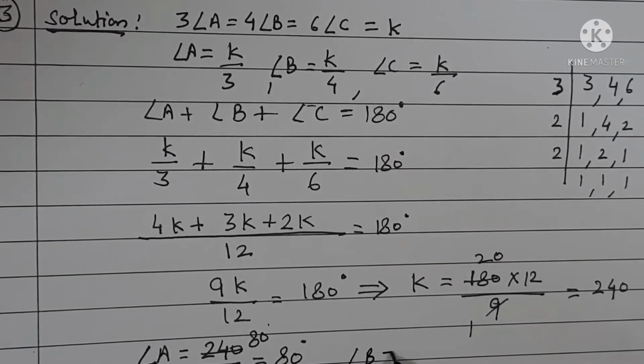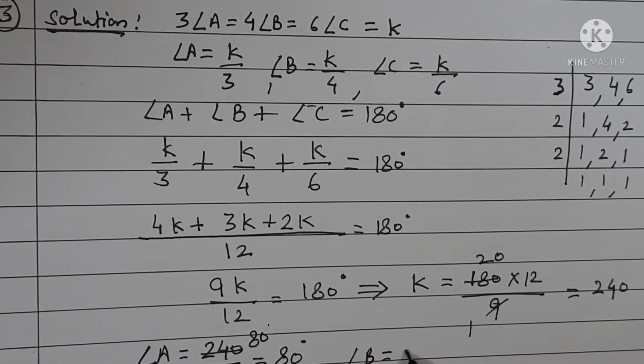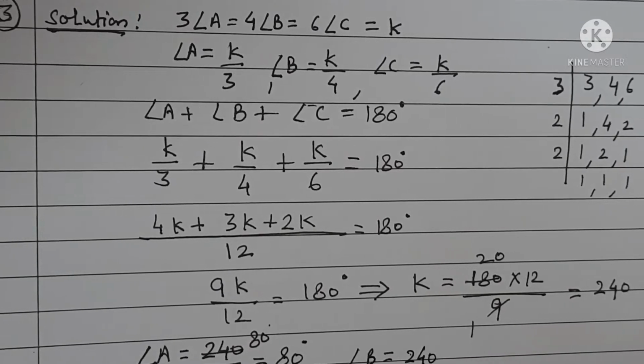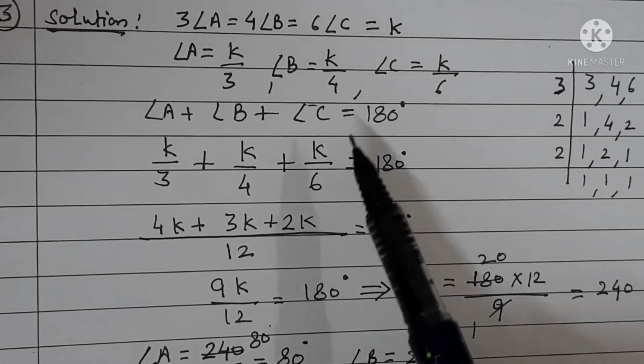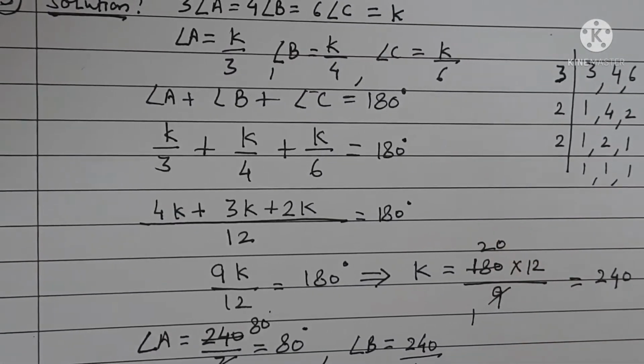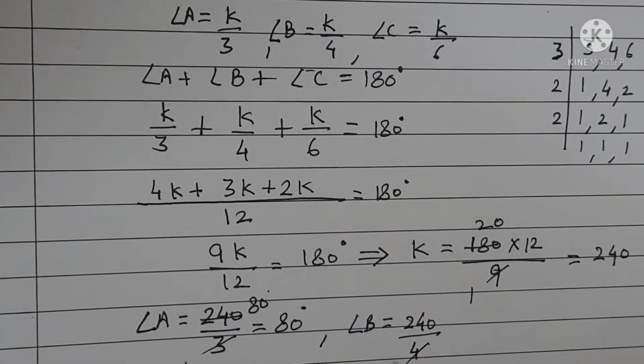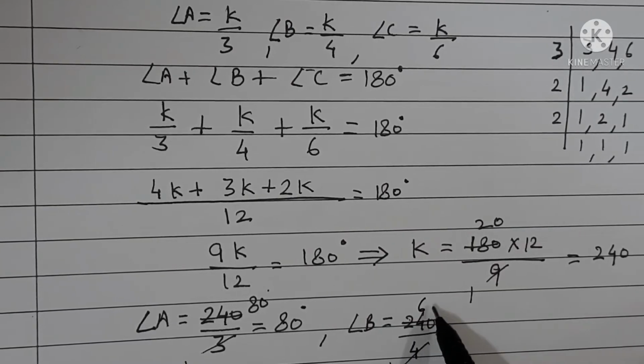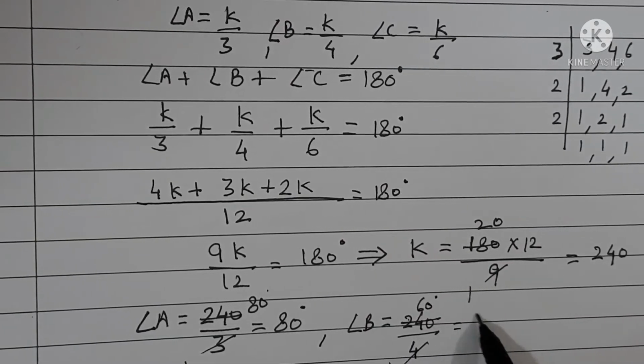Angle B is equal to 240 upon 4. We are substituting the value of K. So this becomes, solve it. 4 1s are 4, 4 6s are 24 and 0, 60 degrees.